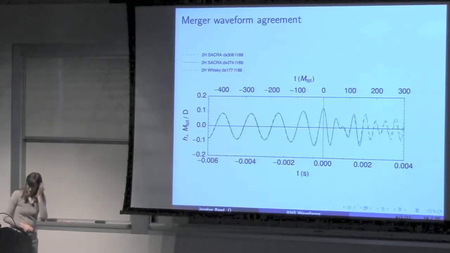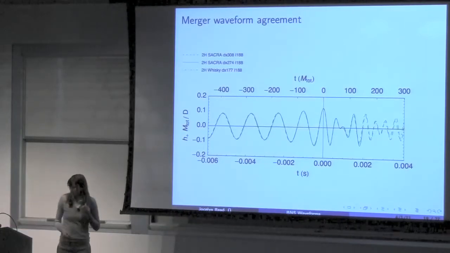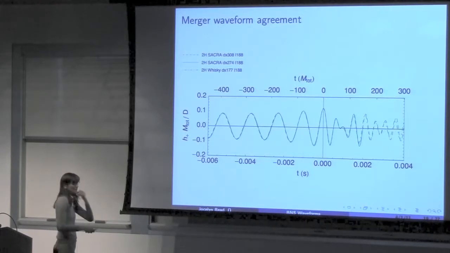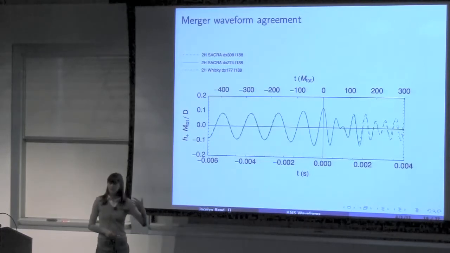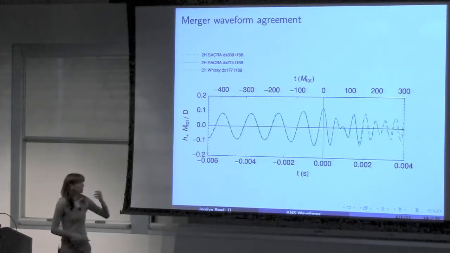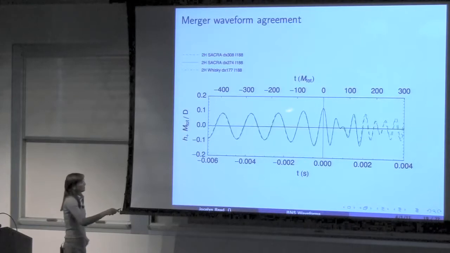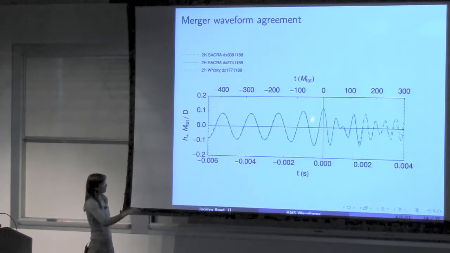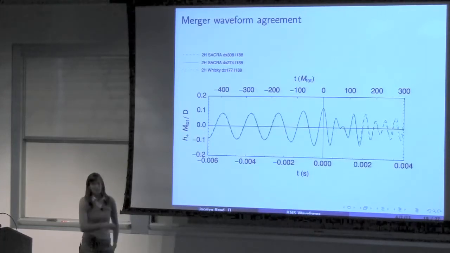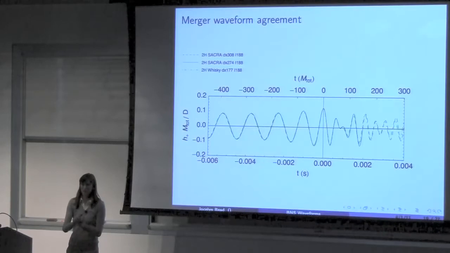And looking at the merger, this is where I can show you the qualitative difference you get in the waveform. The inspiral looks qualitatively similar for all of them. I'll talk a bit about differences later, but there's two things that can happen at merger. This is roughly the time of peak amplitude, when the two stars collide together.